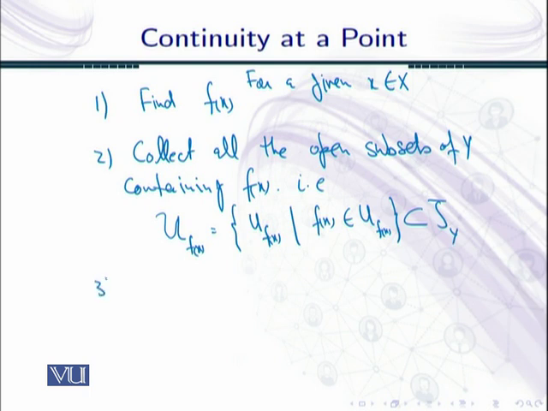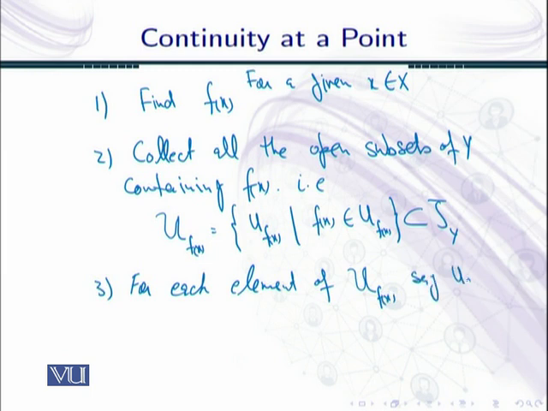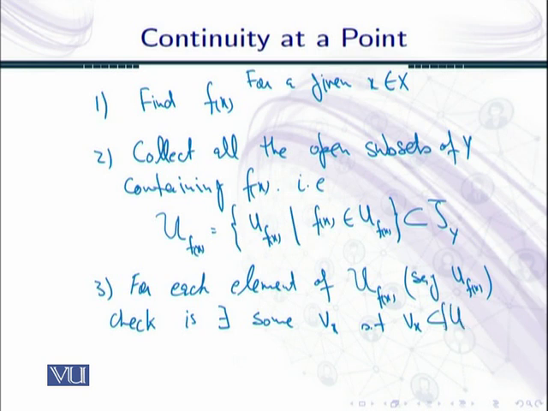Then the last and the most important thing: for each element of this class, say that element is U f of x, you have to see whether there exists some V x such that V x is a subset of f inverse of U f of x.